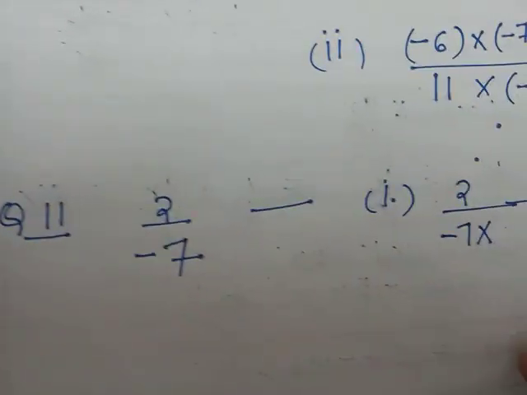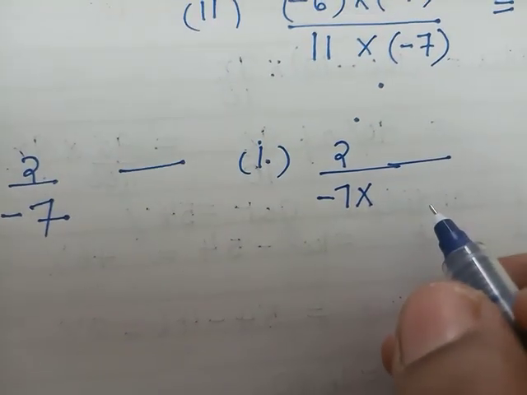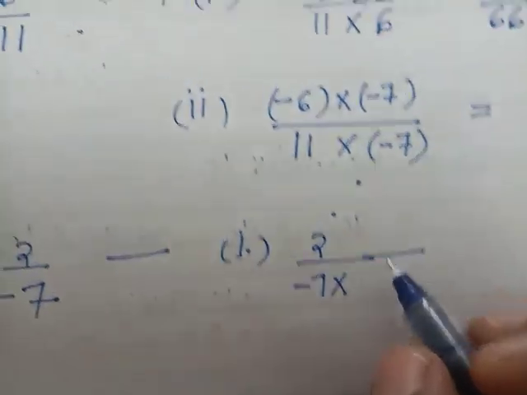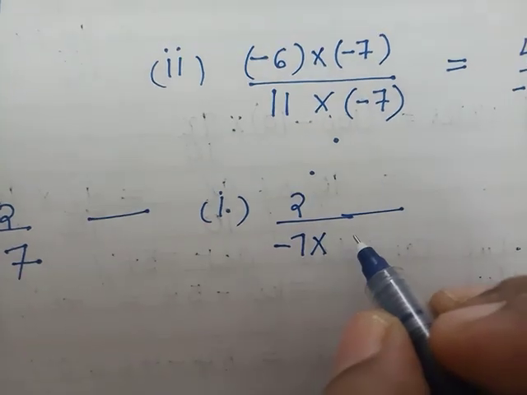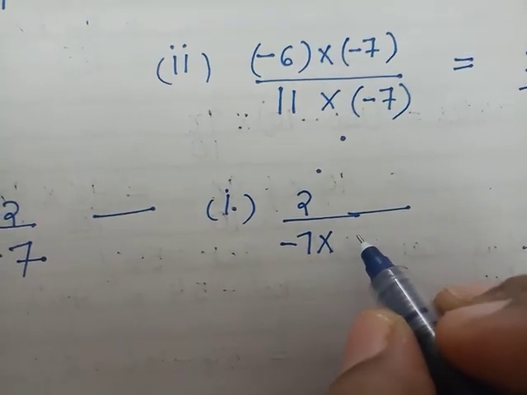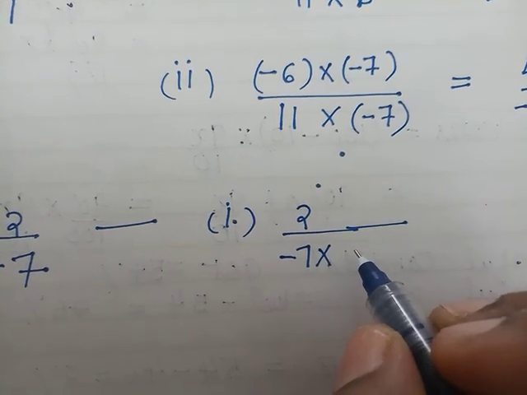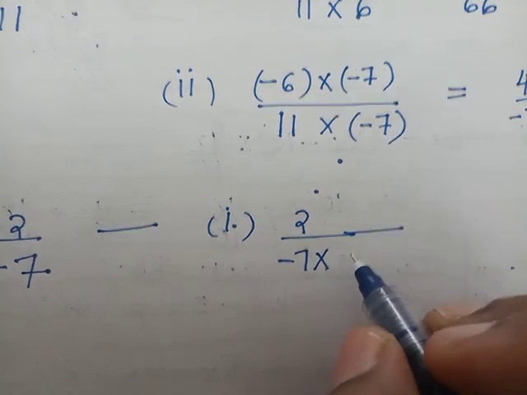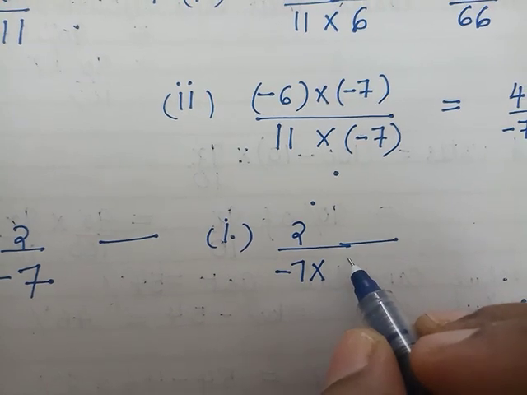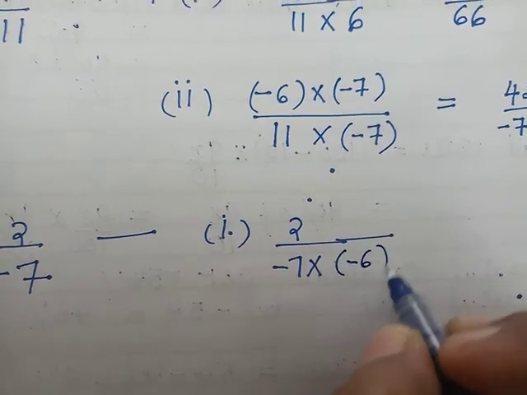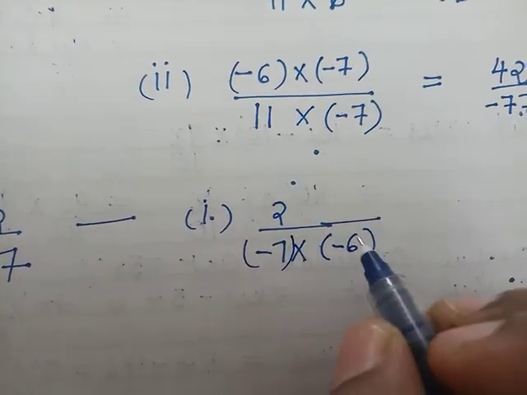In the first part, we want the denominator to be 42, so we are going to multiply in the denominator. We want 42. Again 7 sixes are 42, but if we multiply by positive, the sign will become negative. So we want minus 6 to be multiplied in the denominator.